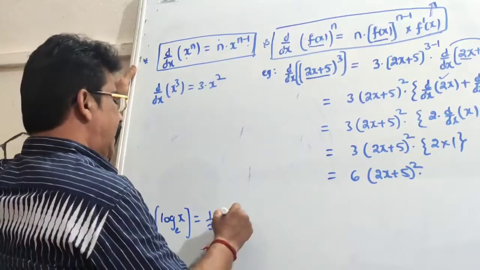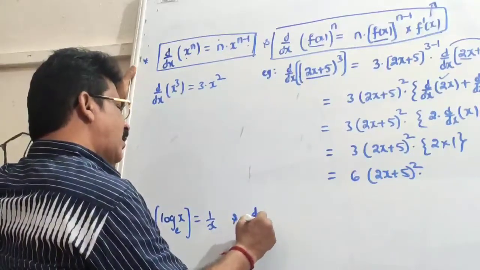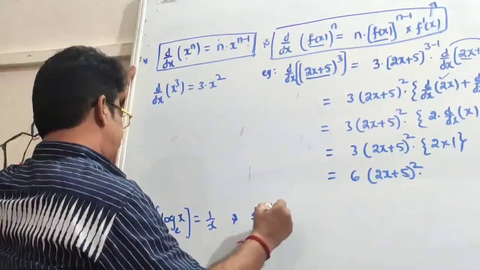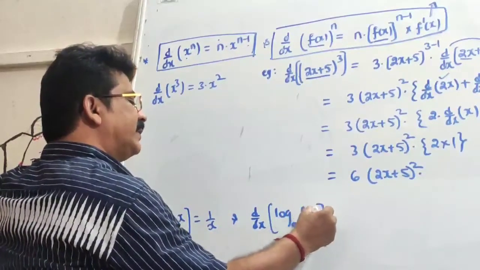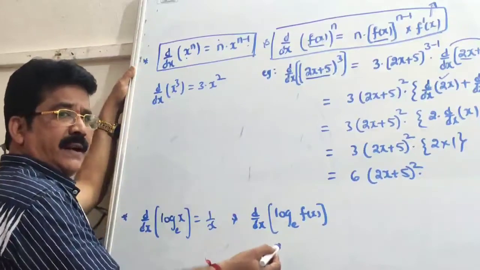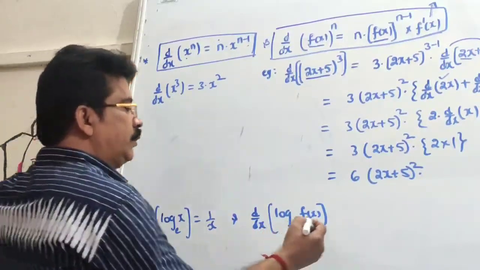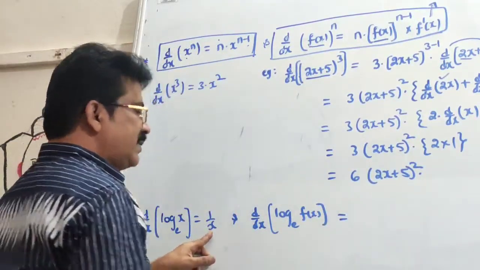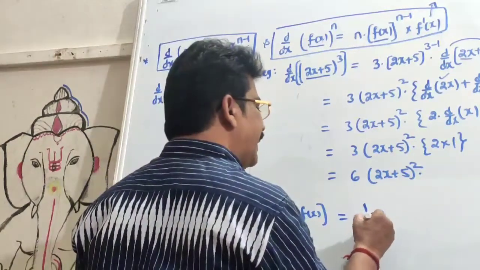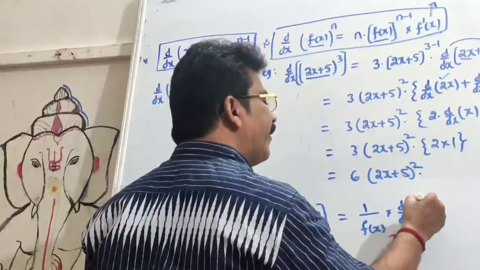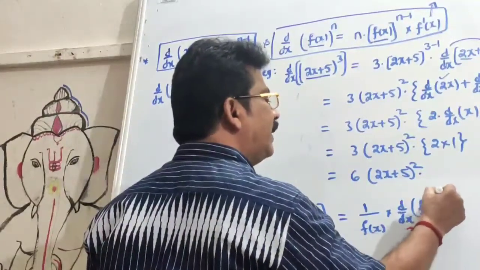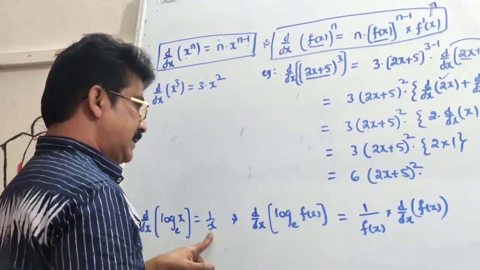And d by dx of log base e of f of x, where instead of x you can write anything: same structure, 1 by f of x into d by dx of f of x, or f dash of x.